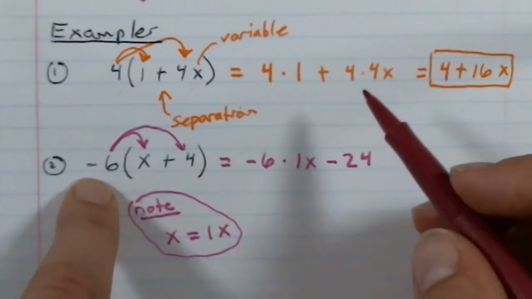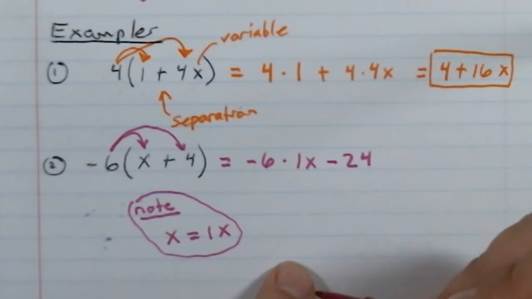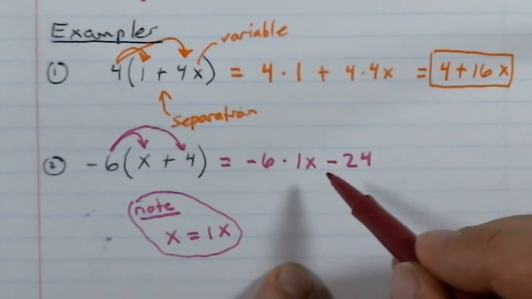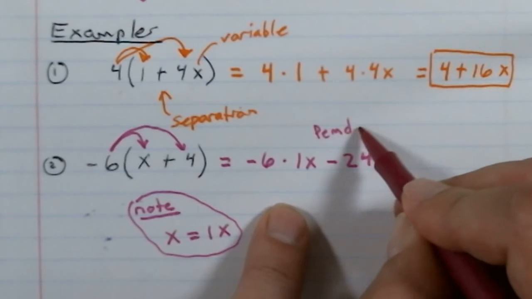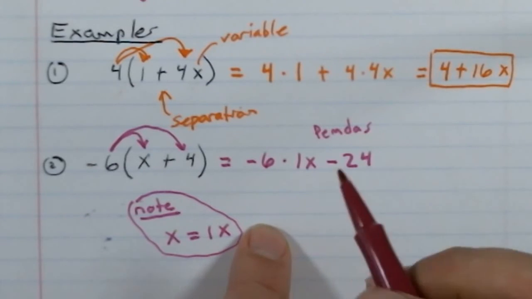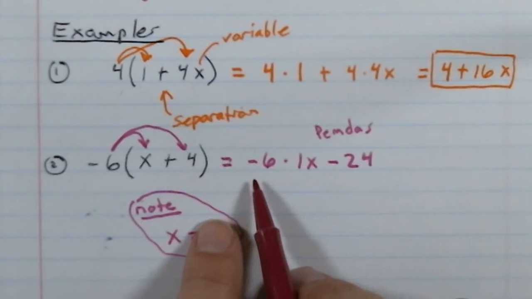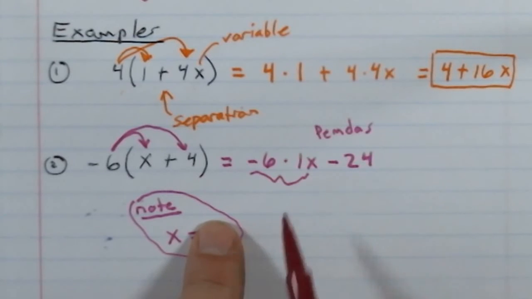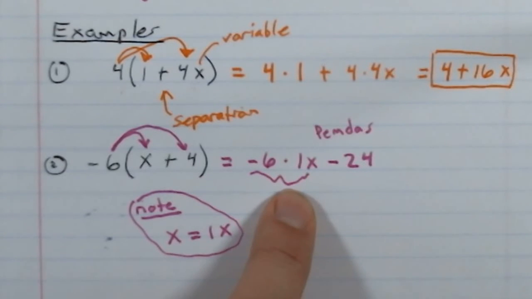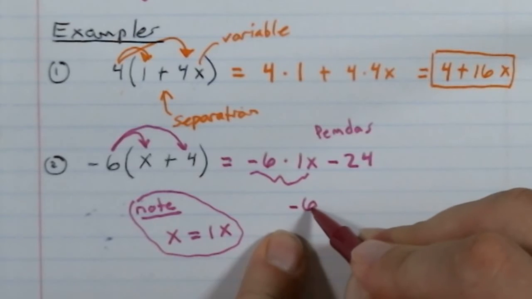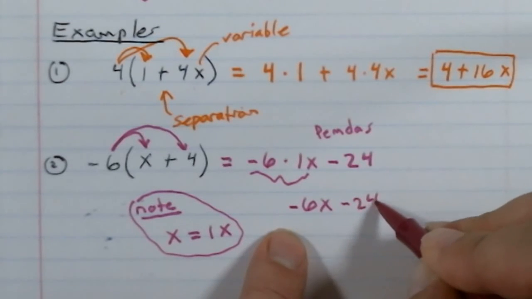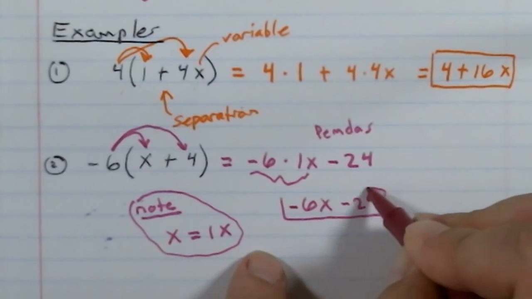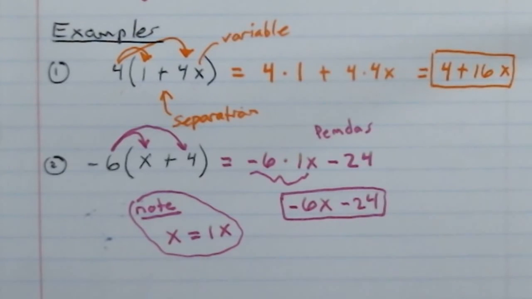This really comes down to PEMDAS again. So we have negative 6 times 1x, which is negative 6x, and then bring down the minus 24. And there you go.